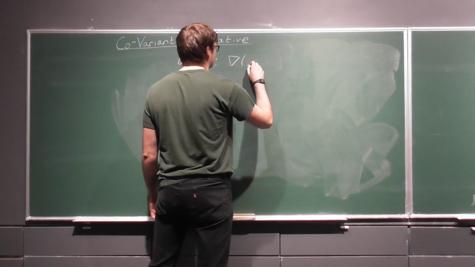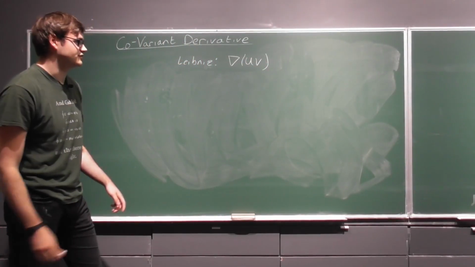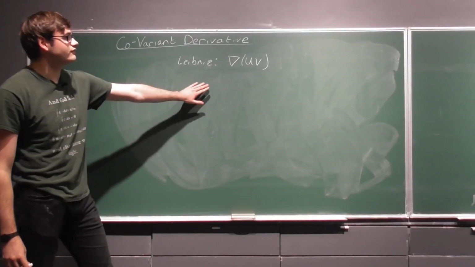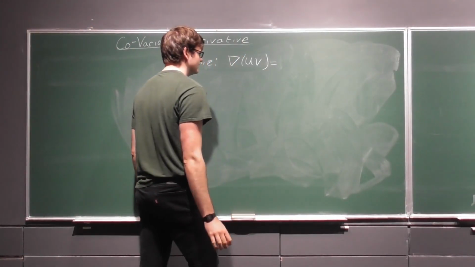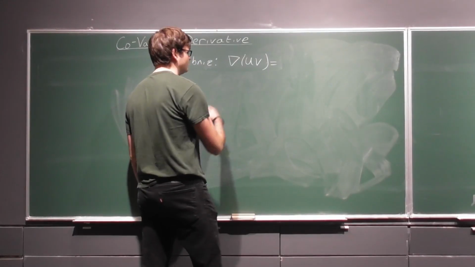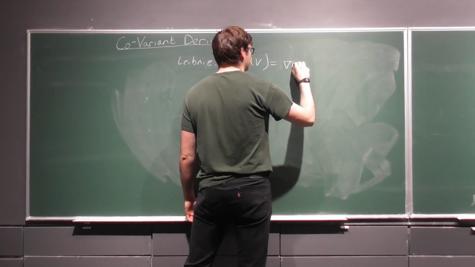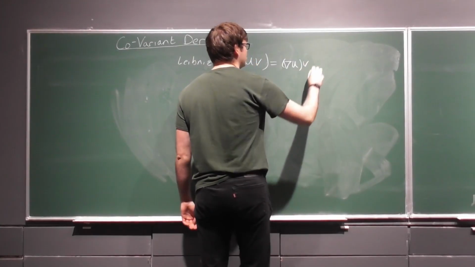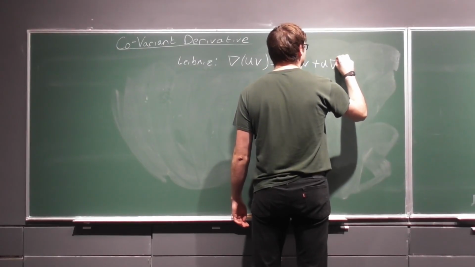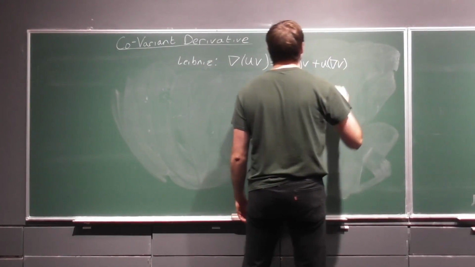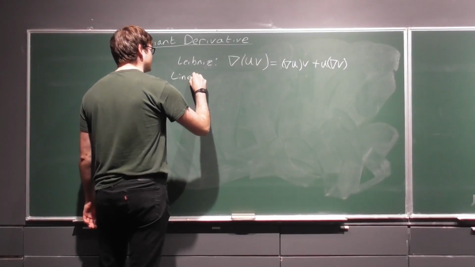If we take the covariant derivative of, say, two vectors, ignoring any indices for now, or of any two vectors or tensors, then we expect that this will obey the Leibniz rule, the product rule, in that we will get nabla u times v plus u times nabla v. We also have linearity.